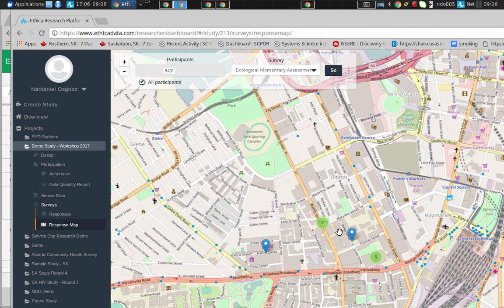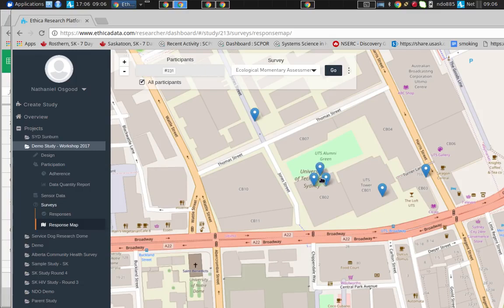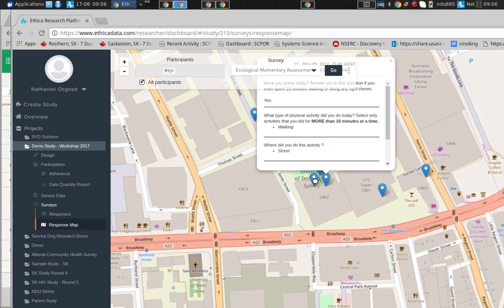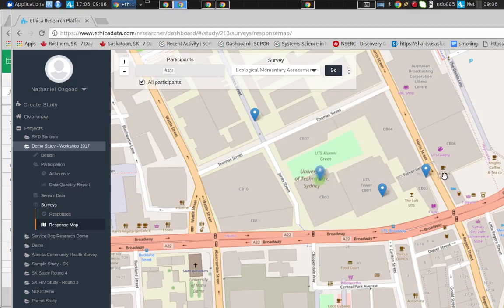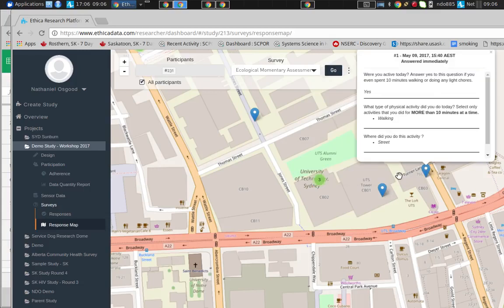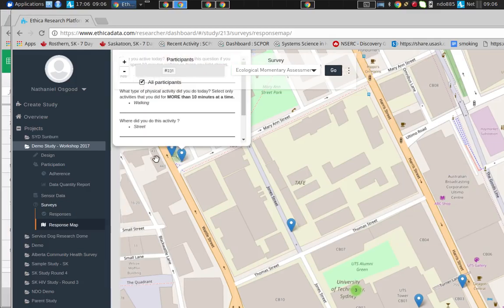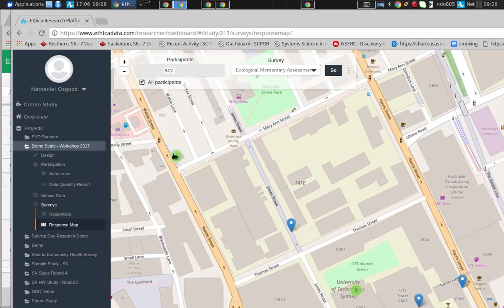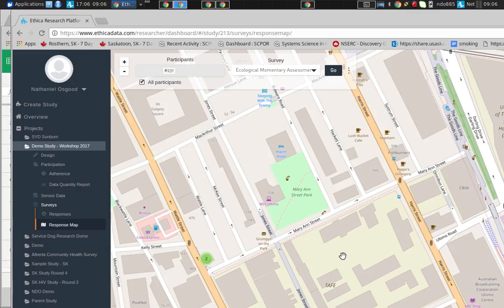But they pop up without the participant requesting it in any way, and these will often be subject to expiration. In this case, it looks like people were pretty good about answering them. Often when I look at EMAs, a large fraction of them are in fact expired. They just don't get answered at all, and they still end up marked on the map because a survey was issued there. It didn't get answered.